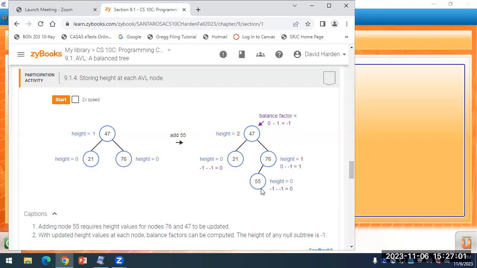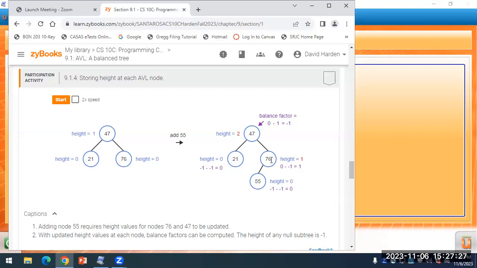So we insert the 55, then we look at 55's parent, the 76. We look at the 76's left subtree's height, we look at the 76's right subtree's height, and set 76's height to 1 plus whichever is bigger.